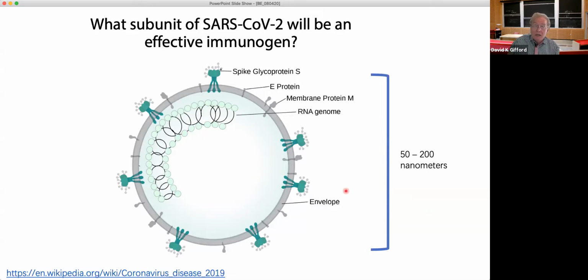Now, if we examine the functionality of SARS-CoV-2 and how it enters our cells, we find that the spike glycoprotein contains a domain called the receptor binding domain that binds to the ACE2 molecule on our lung cells and uses that to jump inside of our cells, in essence.